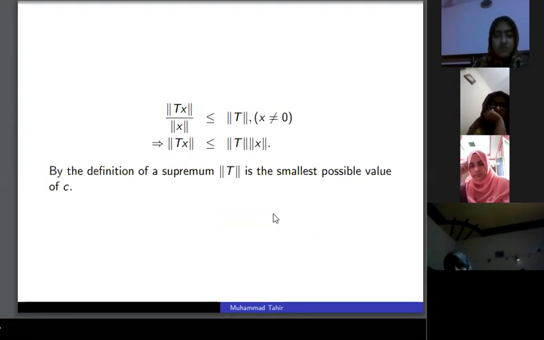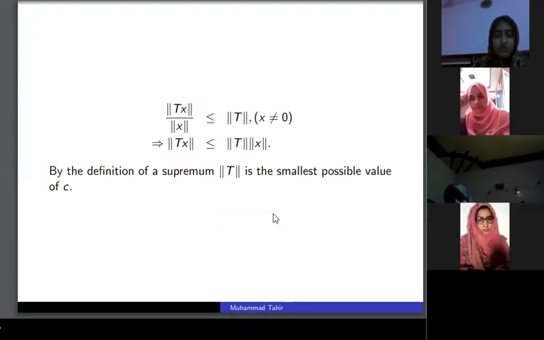It is some sort of Cauchy-Schwarz inequality, but not exactly the same.